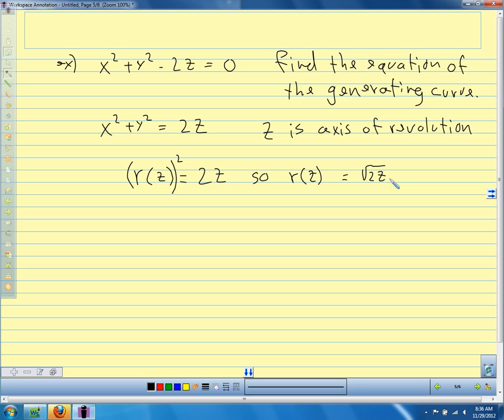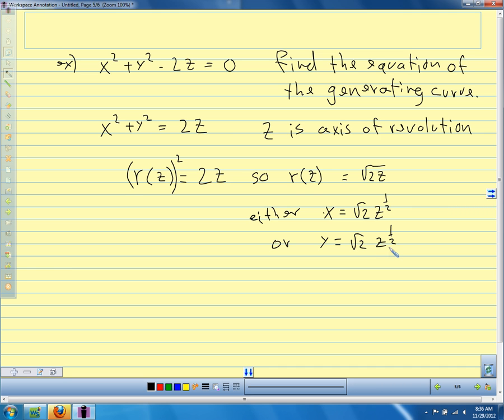And how can we pick our generating curve now? We could be in the xy plane, the xz plane, or the yz plane. So we can pick our other variable as either x or y. So we can say our generating curve is either x equals or y equals square root of 2z to the 1/2.